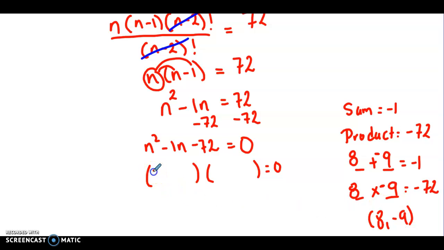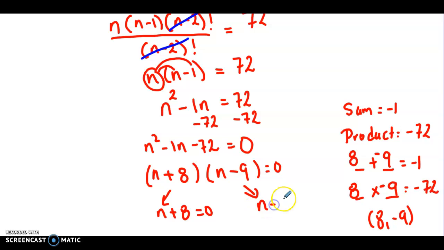Placing those back in our factors, the trinomial N squared minus N minus 72 is factored into 2 binomials: N plus 8, and the other one is N minus 9. Using our zero product property, the first factor, N plus 8, must be 0, or the second factor, N minus 9, must be 0.